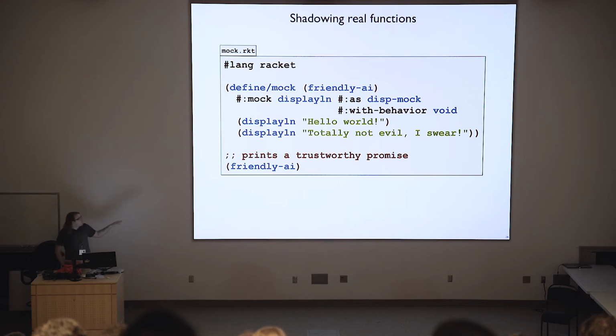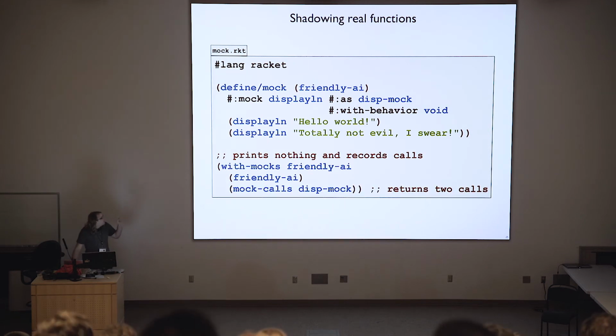So if you call it normally, it does the exact normal thing you'd expect. But if you introduce a with mocks use, it will pull off static information from the friendly AI identifier and bind all of the internal implementation stuff to mocks, bring them into scope, and now when you call friendly AI, it only goes to the mocks, and you can inspect the calls made to those mocks for testing.